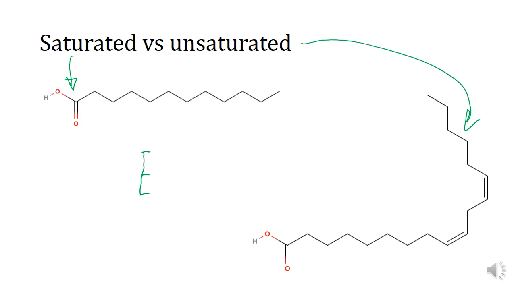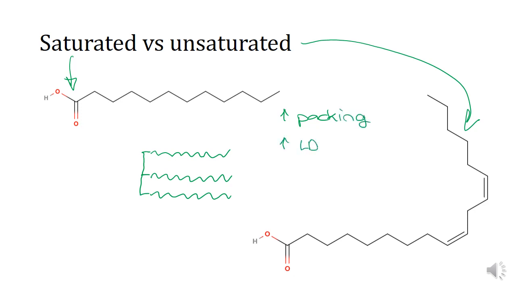If I've got three saturated fats, remember, those carbon chains are straight-ish, which means that I've got increased packing. The molecules are going to be closer together, which means I'm going to have increased LDF.